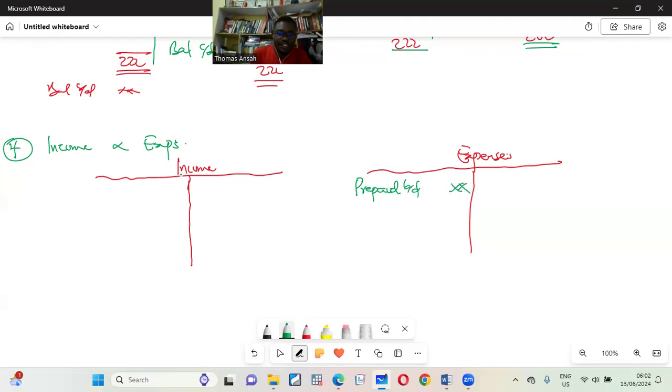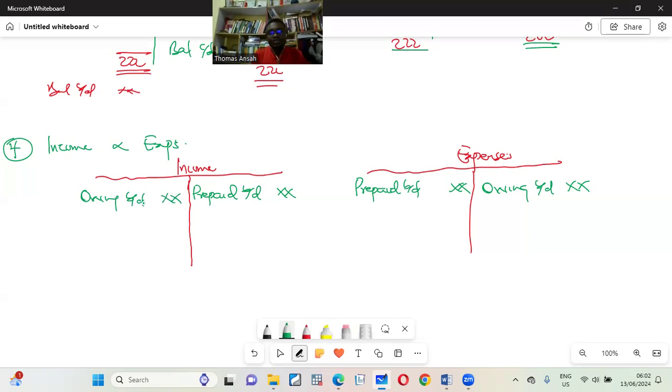In the same way, if there is a prepaid income, it will be the opposite. We call it an advance income received. Owings will be here. If it is an owings brought down, it will be here. So opposite, owings brought down here.